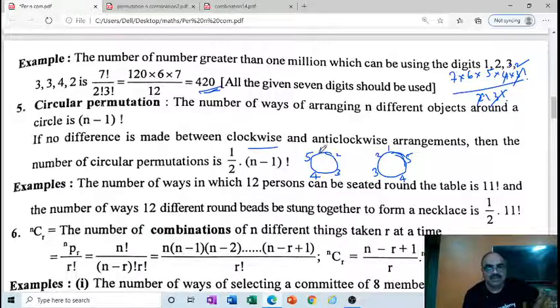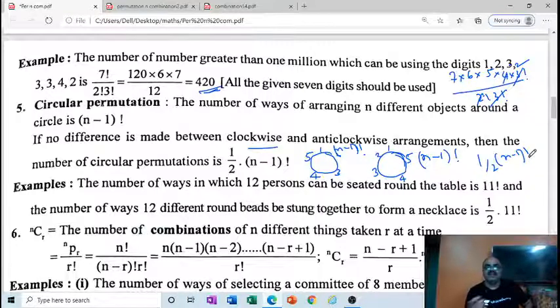Here also it is n minus 1 factorial. So, total is half into n minus 1 factorial. That means divided by 2.